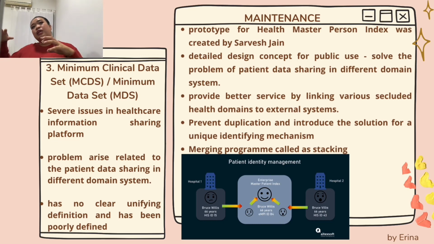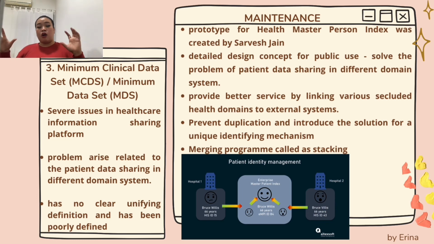When they were registered under MPI, the MPI system will go through, even though there are several first names for this one patient. When the information is similar, as I said, it will combine and merge it. So in the picture, Bruce Wills is the name, 66 years old, with EMPI ID 84.